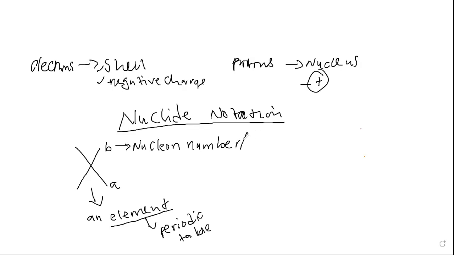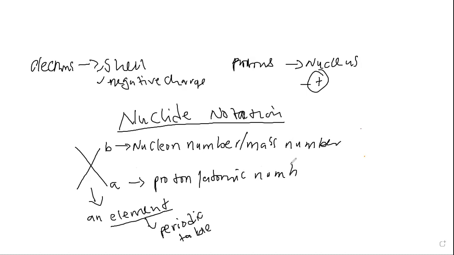We can also call this nucleon number the mass number. Then this number which is down is called the proton or atomic number. So now we have this element which has got a number on top and also a number down.